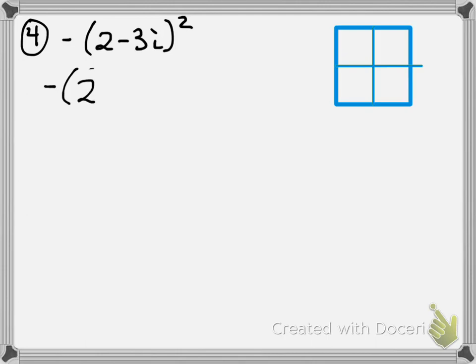That's the same thing as me writing 2 minus 3i times 2 minus 3i.